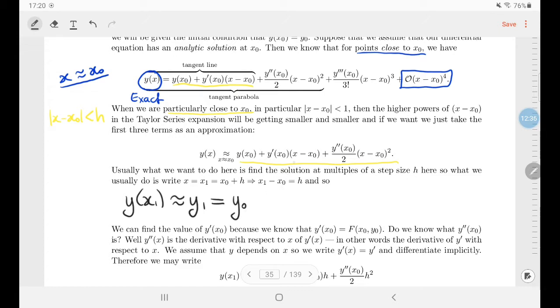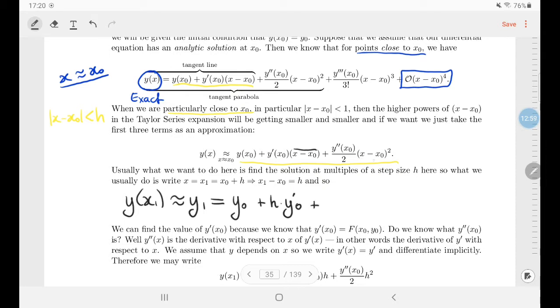Now if we're interested in this at x equal to x1, then x minus x0 would be x1 minus x0, which is h. I'm going to write this the other way around, plus step size times y dash of x0, which is the previous slope, y dash 0.